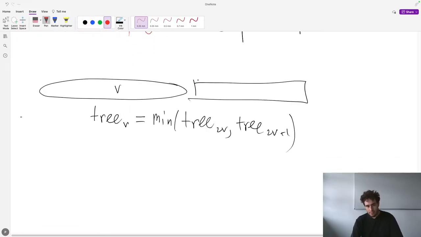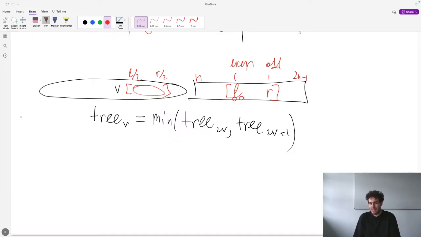And then let's say that my array is stored again from indices n to 2n minus 1, where n now is not even a power of 2, it's any number. And I have a segment from L to R. Well, if this is even and this is odd, like the good case, then it is true that if I just look at a segment from L half to R half, it's still true that all these values store pairs of values here, so the sum on this segment is the same as the sum on this segment.